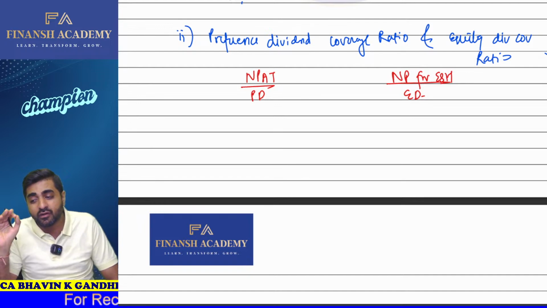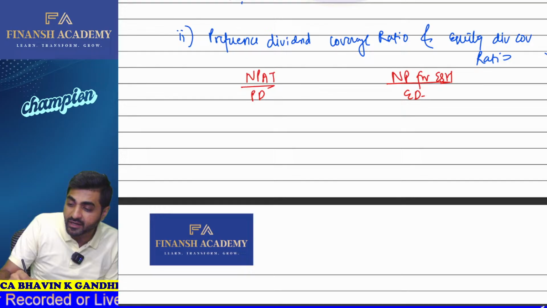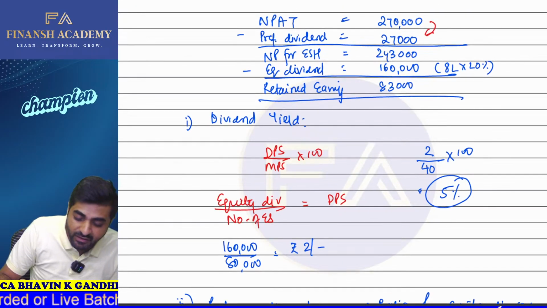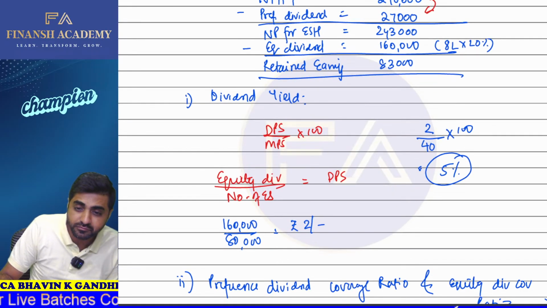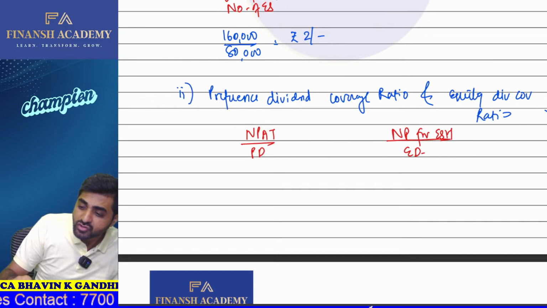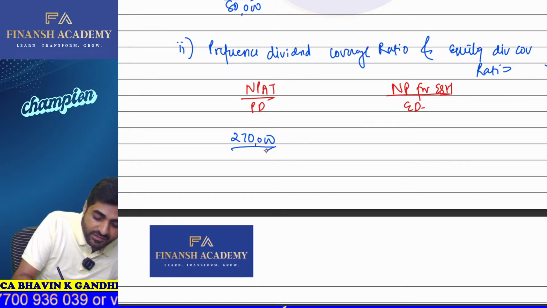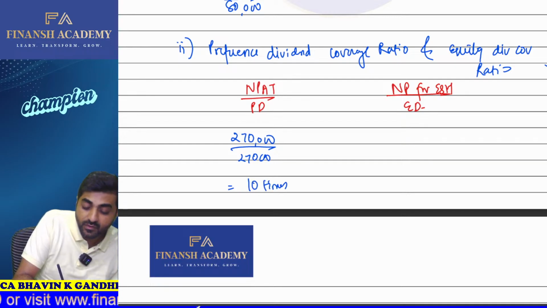Do I have the amount of the NPAT available? Yes, sir. The NPAT is 2,70,000. From that, we are paying the preference dividend of 27,000. So we take 2,70,000 upon 27,000, which gives you 10 times.